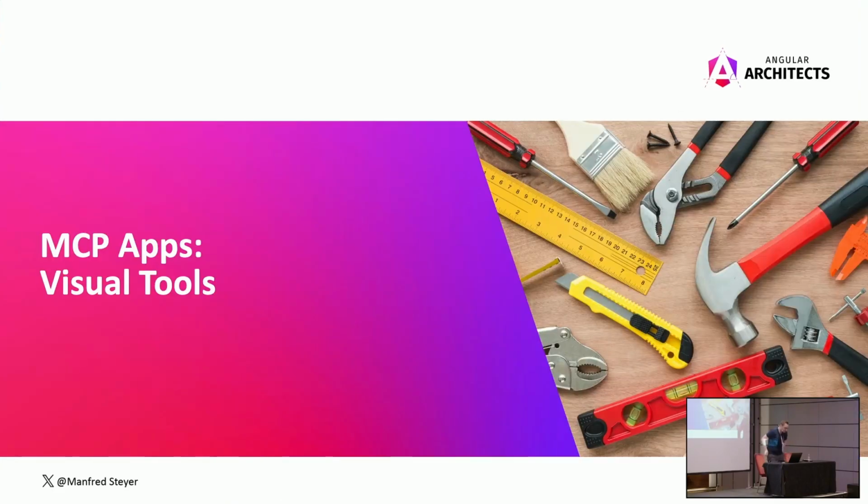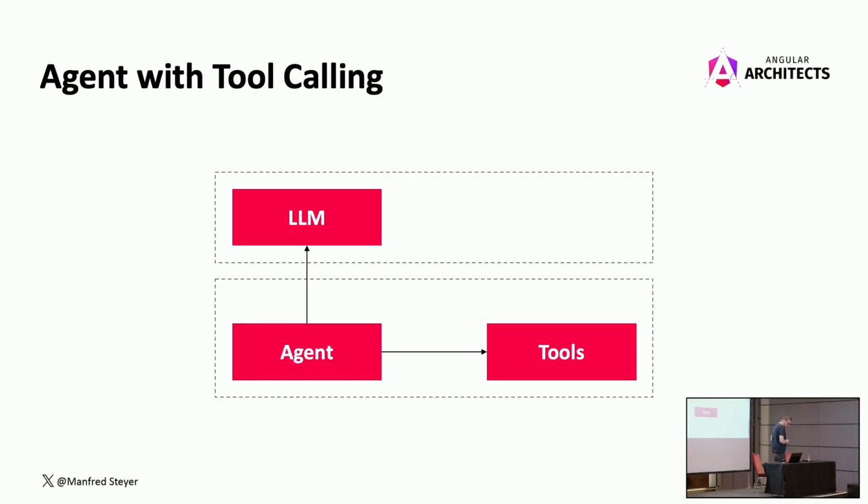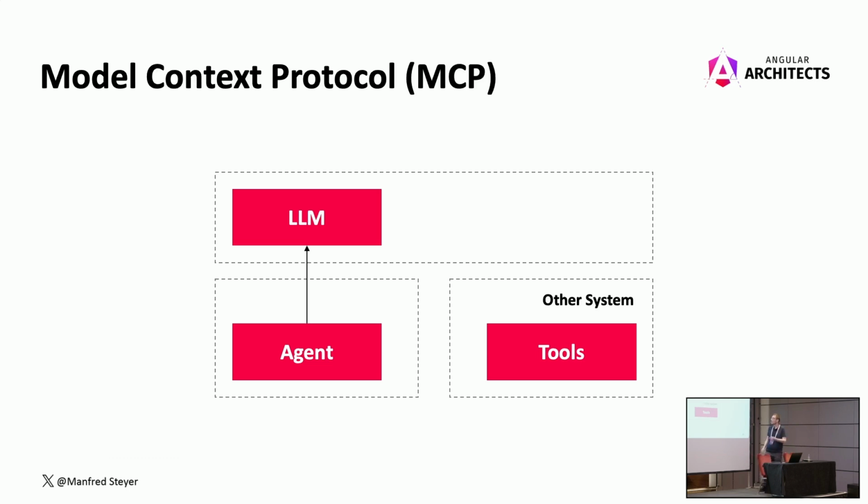Okay, so last but not least, let's talk a bit about MCP Apps. As mentioned in the keynote today, it's all about calling tools, but now it's not about my own tools, but about tools from other systems. For this, MCP is describing an interface, but also it is describing how to call this interface. And this can be done using standard in and standard out if you only use local tools.